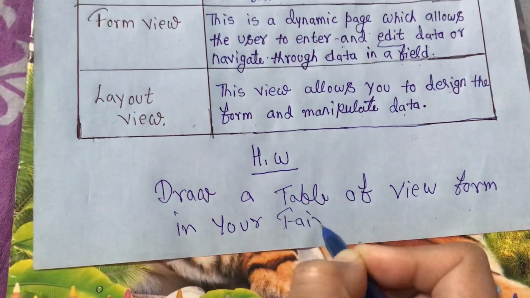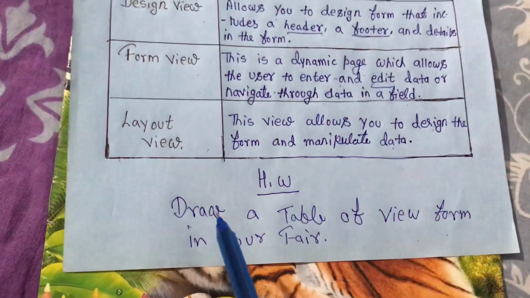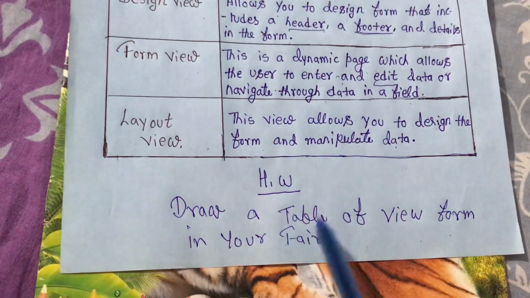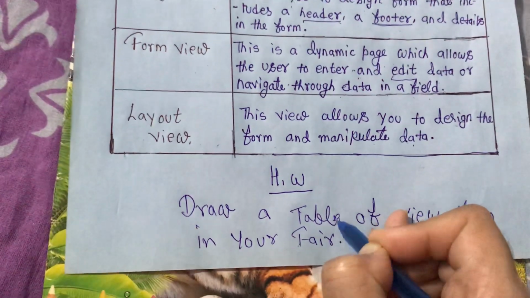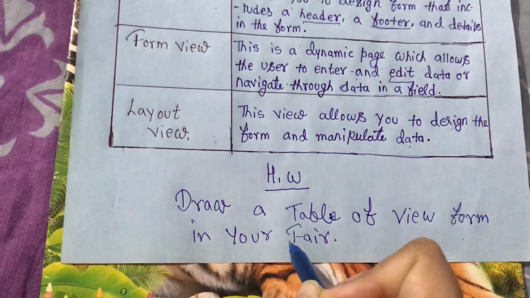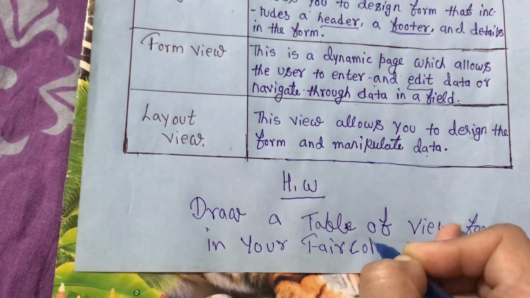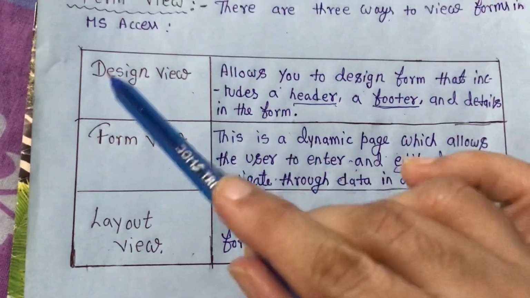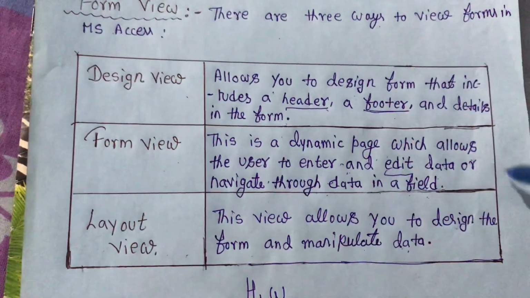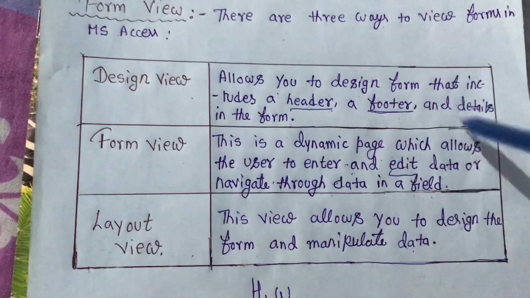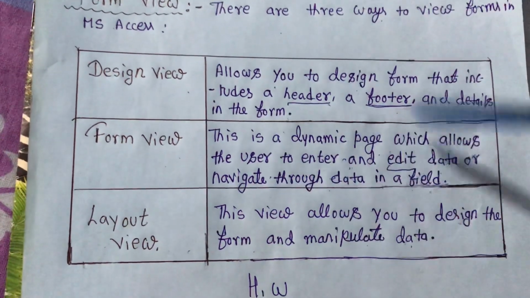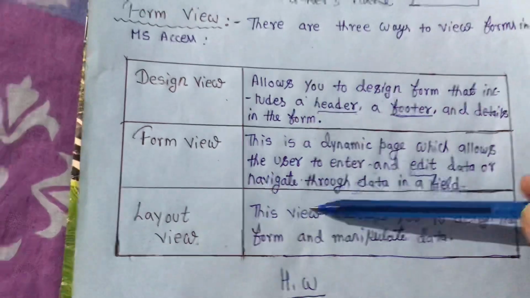Okay, so what is the homework? Draw a table of the form views in your fair copy. So the table of the form views that I explained today, you have to draw it as a table in your fair copy.